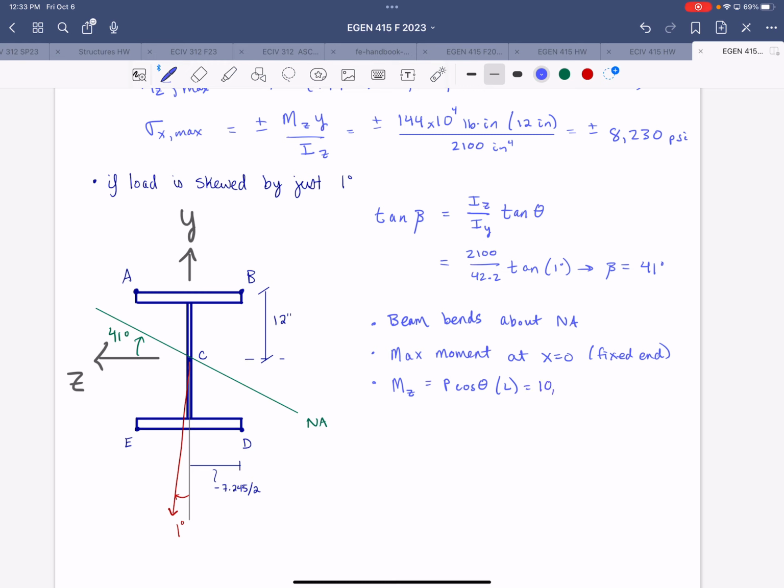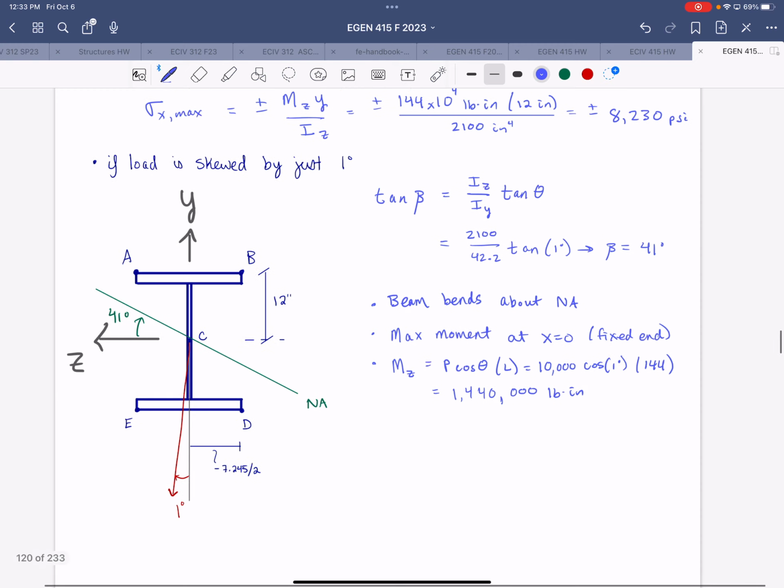So that is 10,000 pounds times cosine of 1 degree times 144 inches. Rounding, it's pretty much no change in magnitude for the moment from before, about Z, that is. It'll be very, very slightly less than that, but for all practical purposes, it's the same.